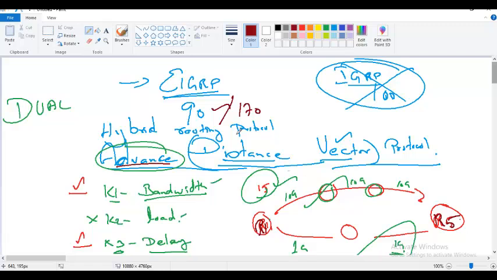Those networks learned from EIGRP, those internal networks will have 90 only. But the network which is coming from outside the autonomous system, it will not be coming from EIGRP, because outside we don't use EIGRP.